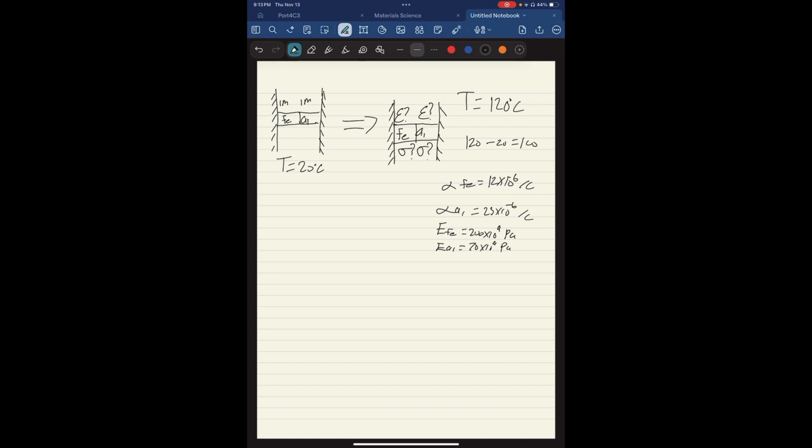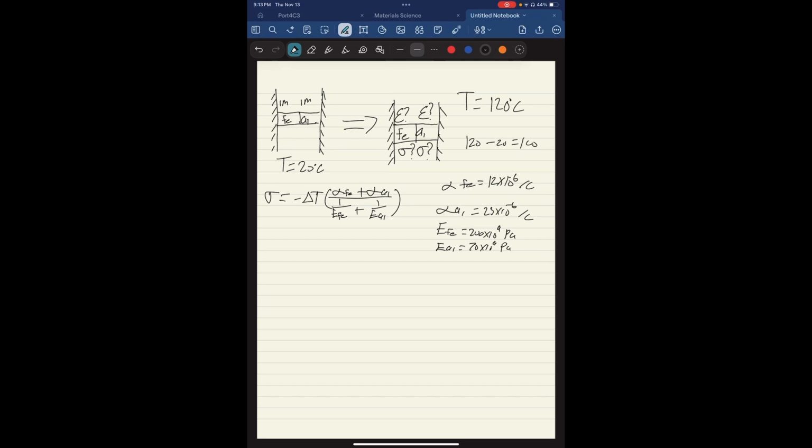So we're going to start by finding the stress with the equation stress equals the negative change in temperature times (alpha Fe plus alpha Al) over (1 over the Young's modulus of iron plus 1 over the Young's modulus of aluminum).